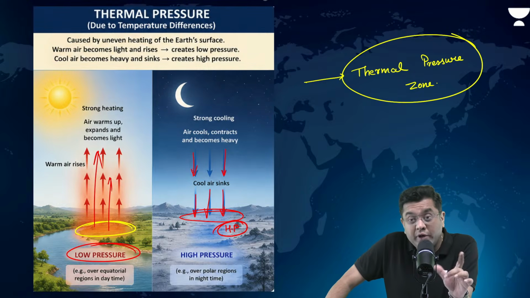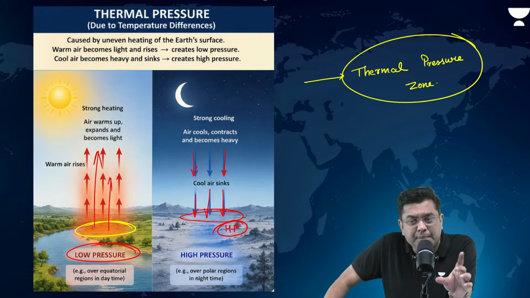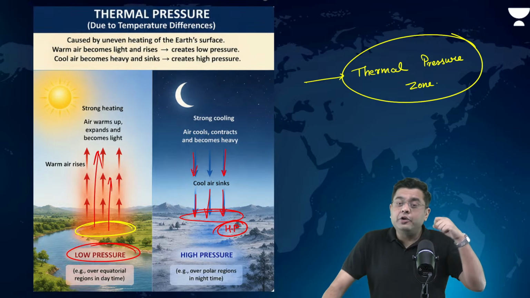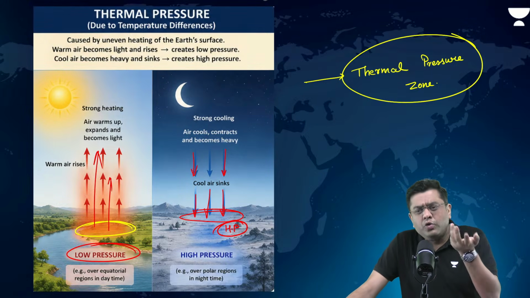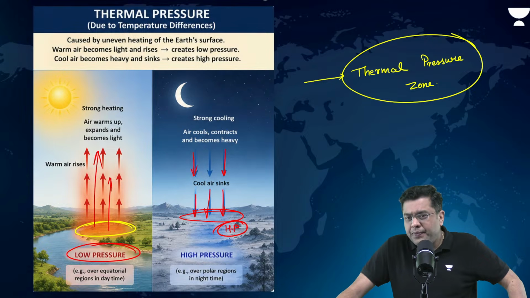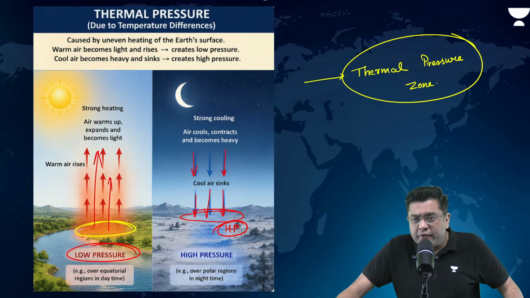He considered only the condition of temperature driving the pressure changes and the wind movement. Even when Halley proposed the concept of Indian monsoon around 300, 400 years back, at that point of time also, he simply considered the heating and the cooling of the land. Because at that point of time, the idea was that only heating and cooling can create the low pressure and the high pressure. But there is another factor, that is the movement of the winds.